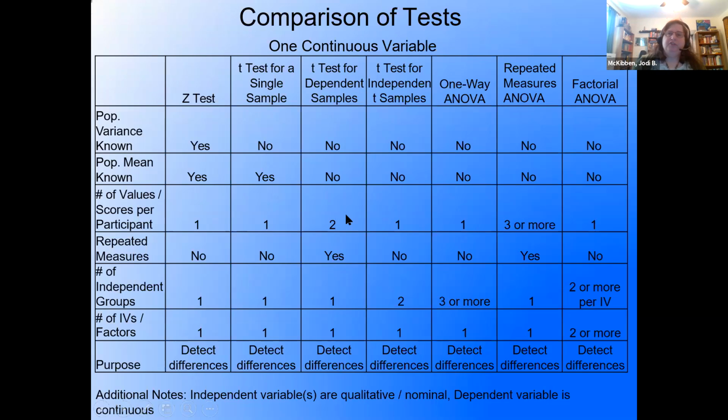Let me give you another example, because I think we tend to look for always the beginning and the end, or pre and post, and I want you to be open to other ideas. So for t-test for dependent samples, another example would be, I'm going to put you in a driving simulator, and one time you'll have a phone and another time you won't have a phone.